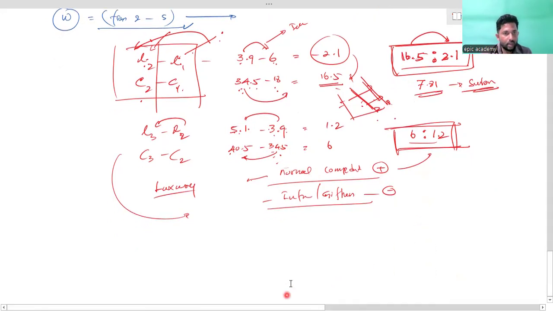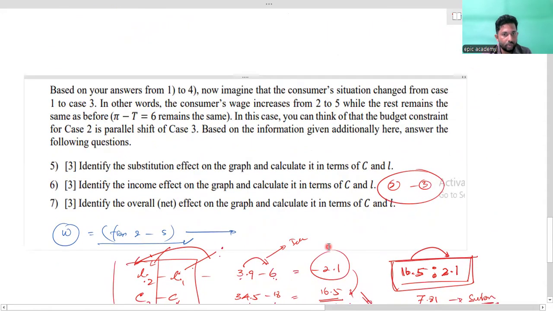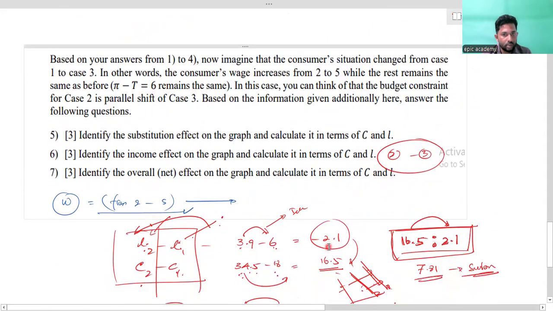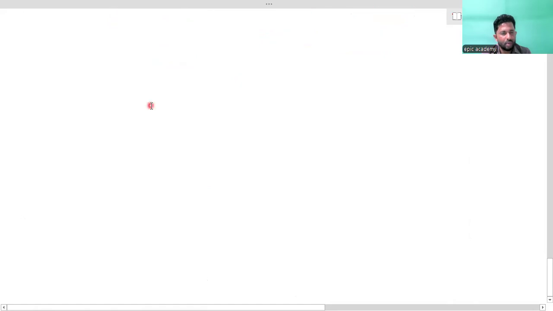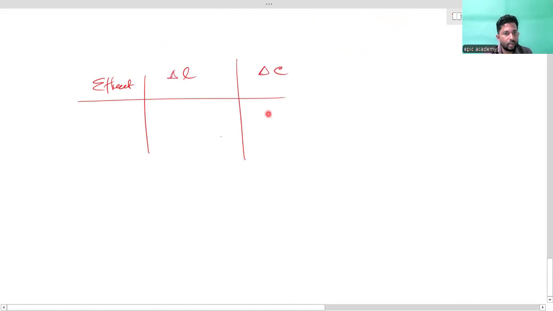The final question is to identify the overall effect of the graph. Overall effect means I will describe that overall effect by using a table. I'm going to point out the change of leisure time and the change of consumption.